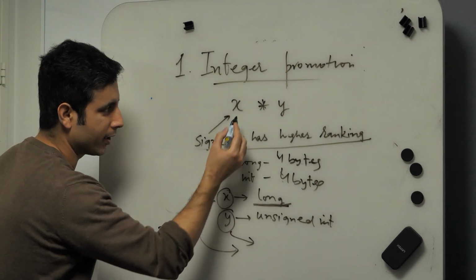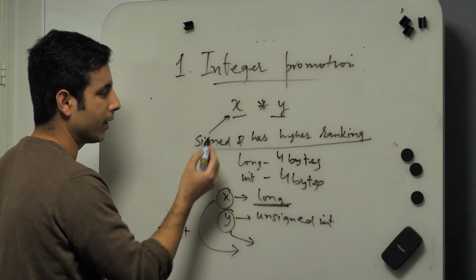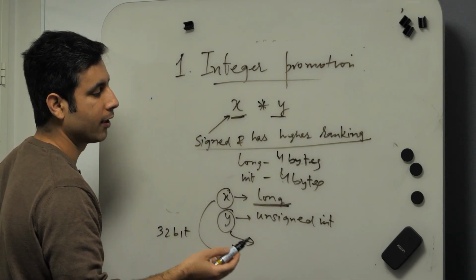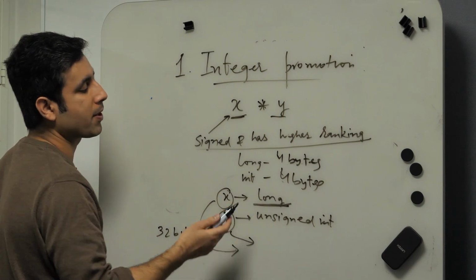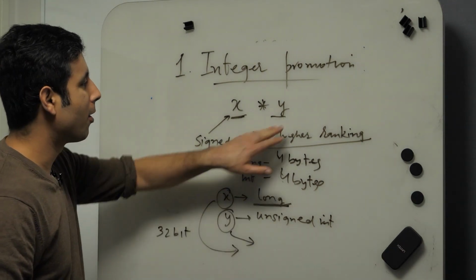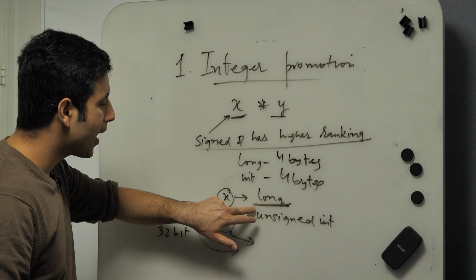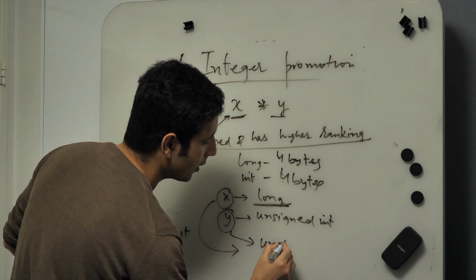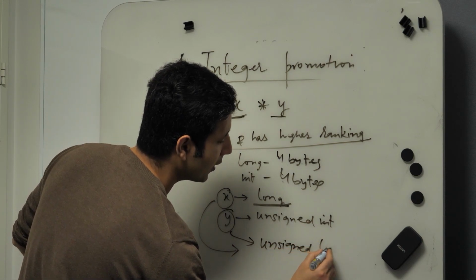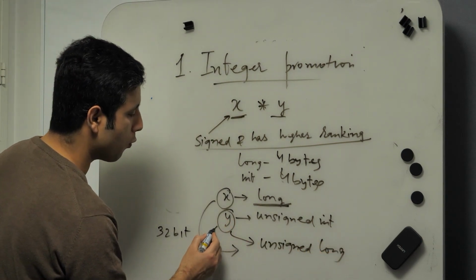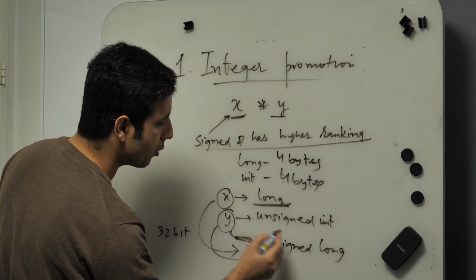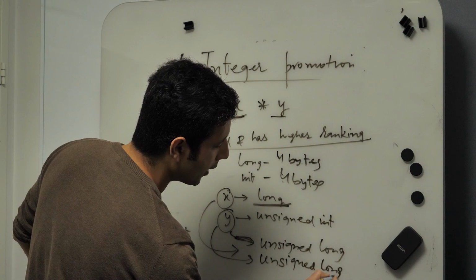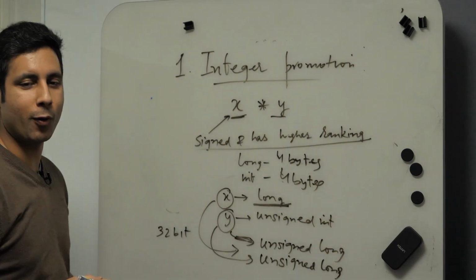So when promotion happens, even though x had type long, which had higher ranking, because x can't represent all values of y, x is itself promoted to unsigned long, and y gets promoted to unsigned long, and eventually the operation is performed.